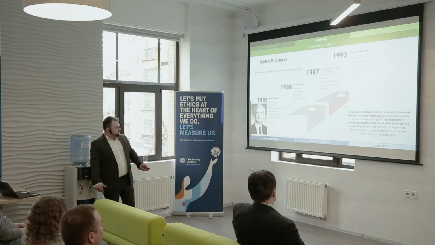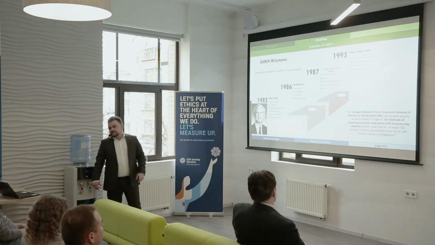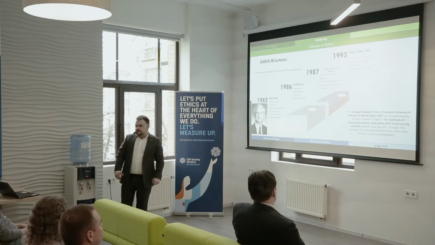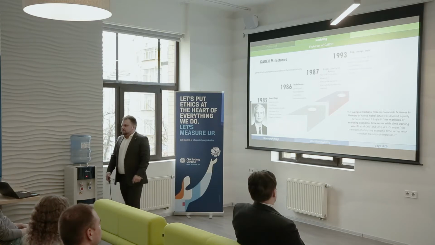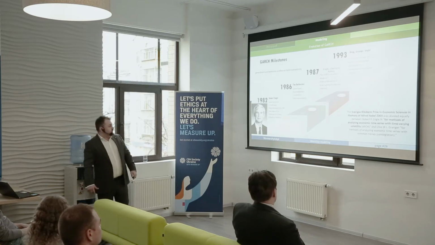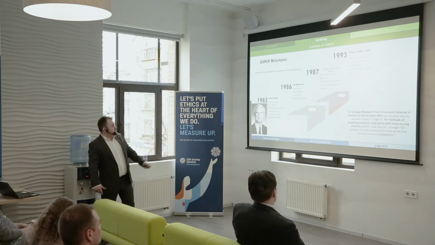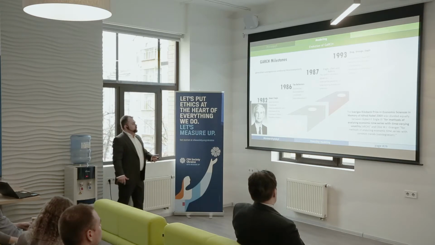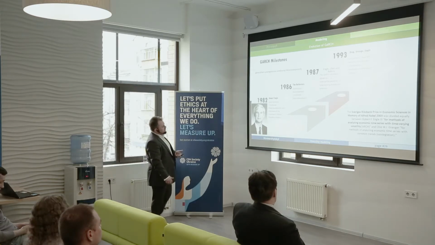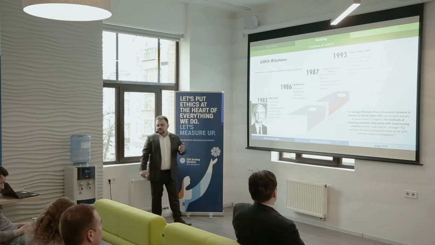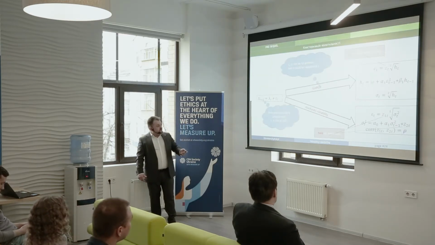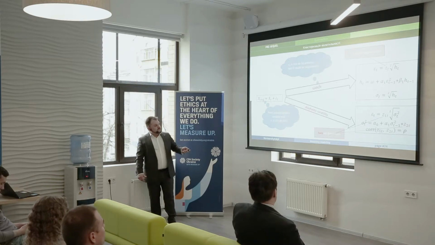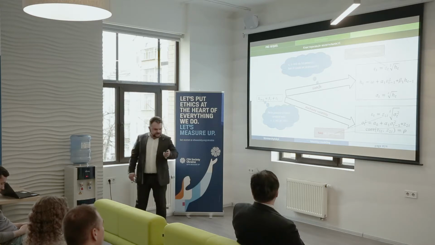Twenty years later, in 2003, Engle received the Nobel Prize for this paper and some other papers on the GARCH model. In 1986, Tim Bollerslev published generalized autoregressive conditional heteroscedasticity. It's exactly these three equations. It was published in 1986.